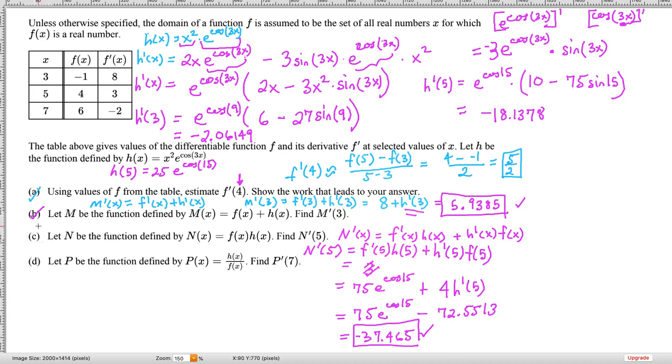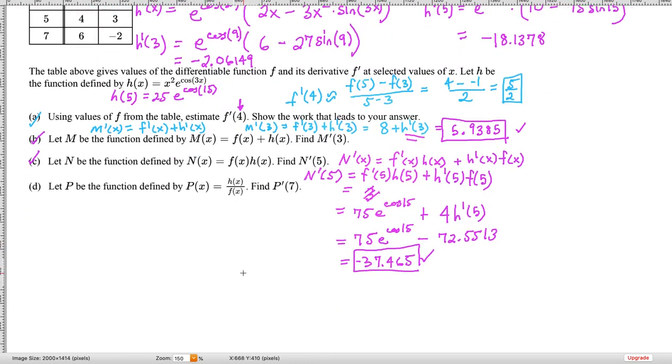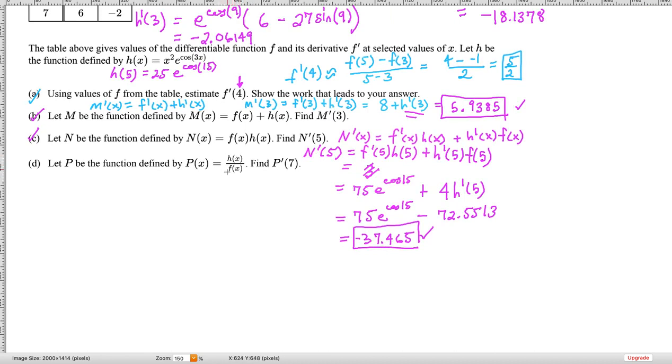Now, that was C. And D is going to be very similar. What you're going to do now is you're basically just going to use the quotient rule. And you're going to follow a similar game that you play here, but you need to know quotient rule.